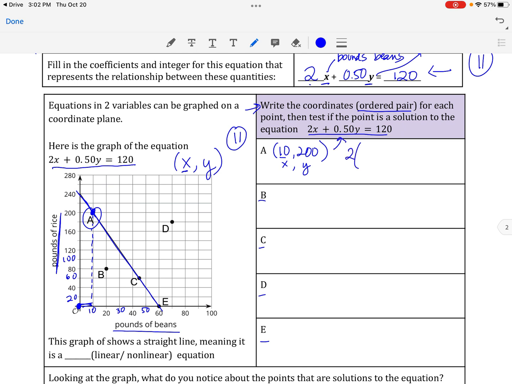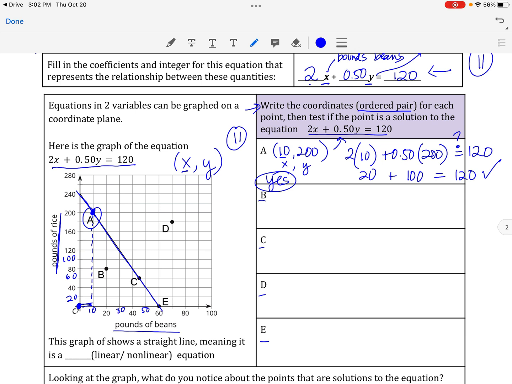We're going to substitute 10 for x, and we're going to substitute 200 for y, and we're going to ask ourselves, does this equal 120? So 2 times 10 is 20, 0.5 times 200 is 100, 20 plus 100 does equal 120, so this is a solution, yes. So now go ahead and try this for all of the rest of the points.